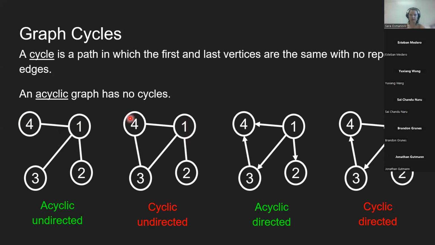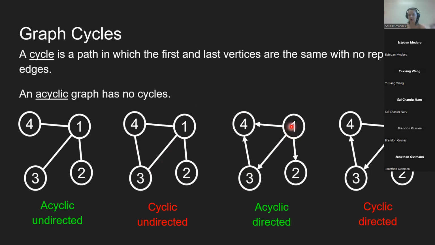A cyclic but undirected graph, we have this little triangle here where no matter which one of these you start with, you can always come back to it in the same path. A directed graph that is acyclic, you have to be careful with these. So these three are connected, but you cannot go back to one once you leave one.